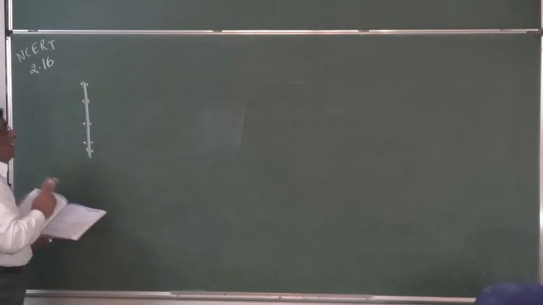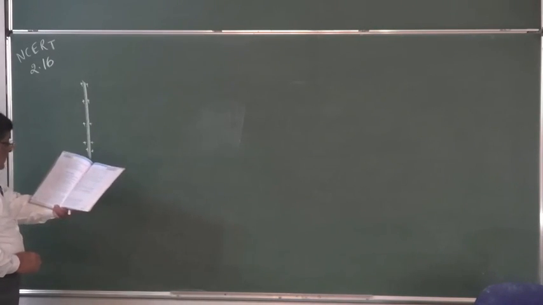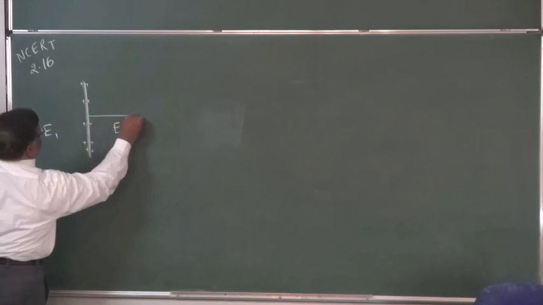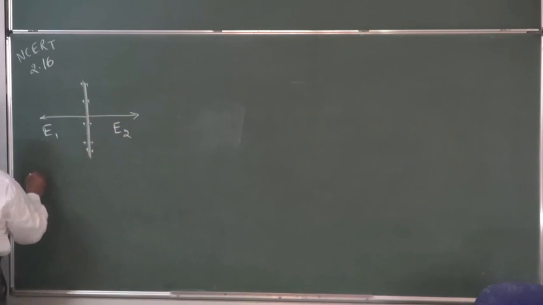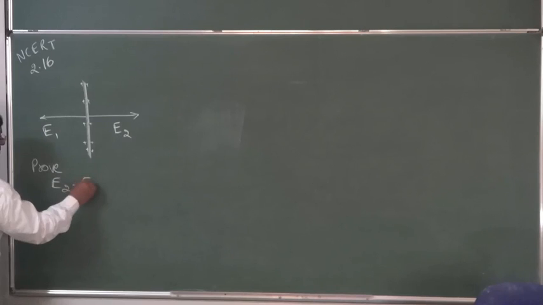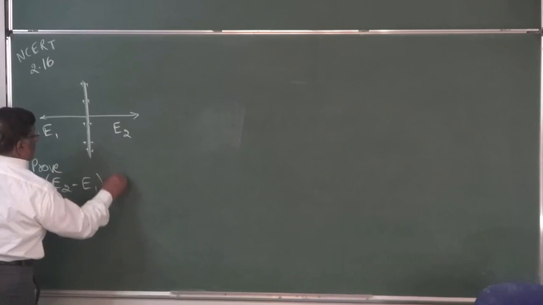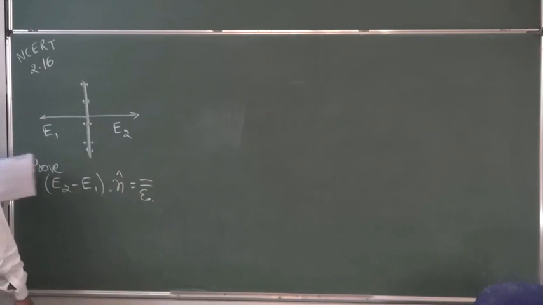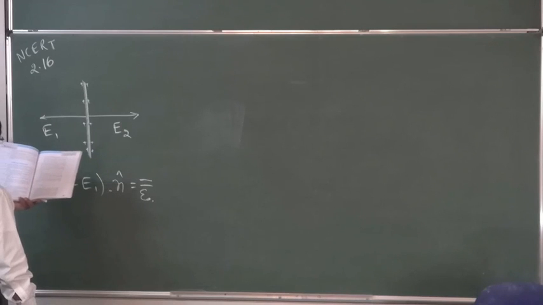इसकी line continuous नहीं है, discontinue है, that we have to prove, and it is given by E2 minus E1, plus से out, plus से out, E2 E1, and prove E2 minus E1 is equal to sigma upon epsilon naught n, and n is unit vector normal to the surface, and sigma is the surface charge density.